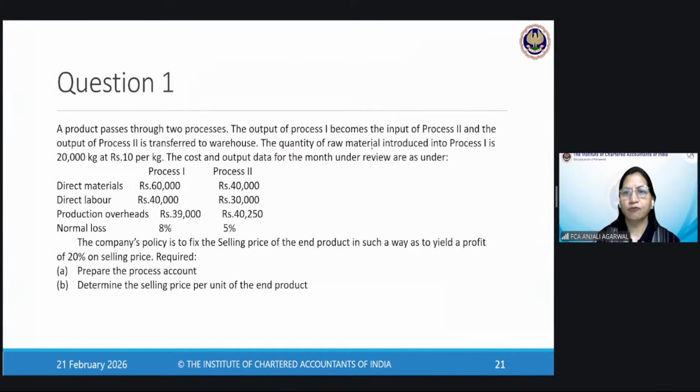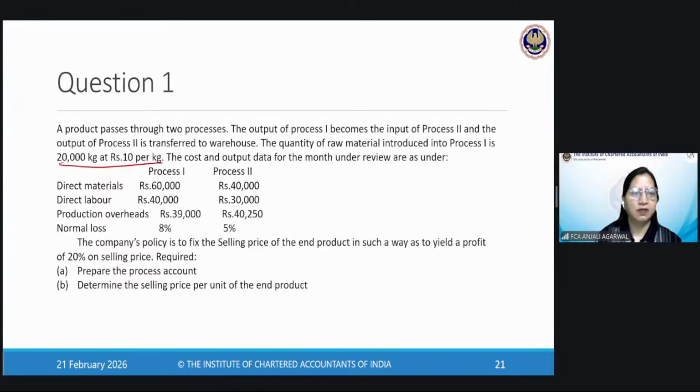The quantity of raw material introduced in process 1 is 20,000 kgs at the rate of 10 rupees per kg. So it is specifically saying what the input units were: 20,000 into 10, which is 200,000 or 2 lakhs.